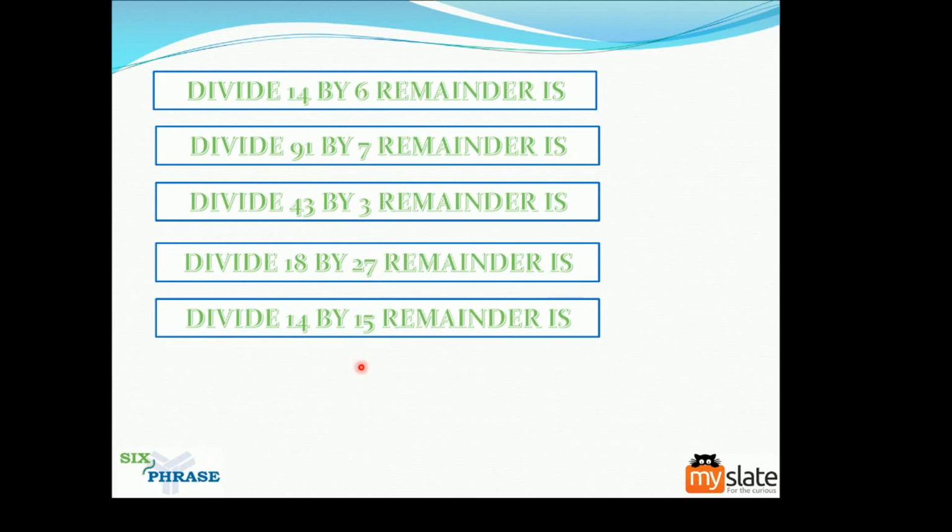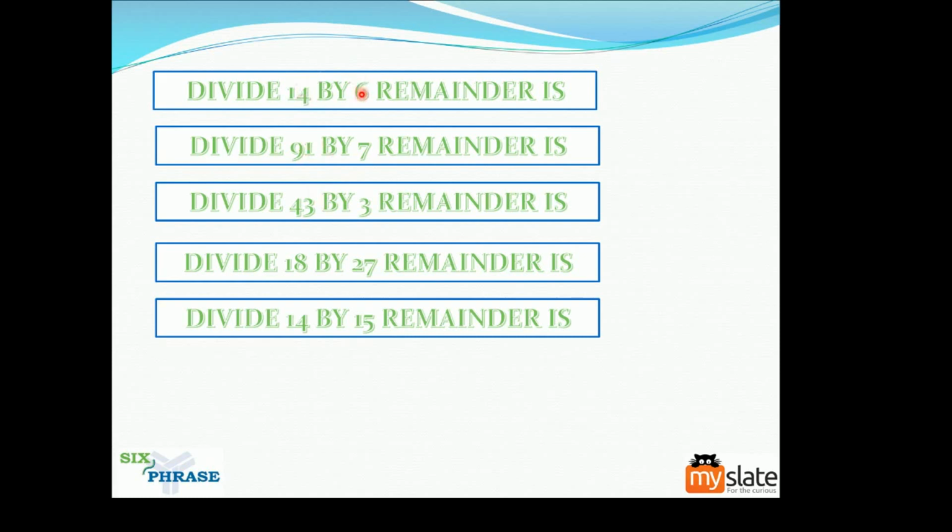You would have seen that in the first three problems the dividends, 14, 91, 43, are greater than the divisors. 6, 7, 3, what are they? They are the divisors. So in the first three problems, the dividend is greater than the divisor.